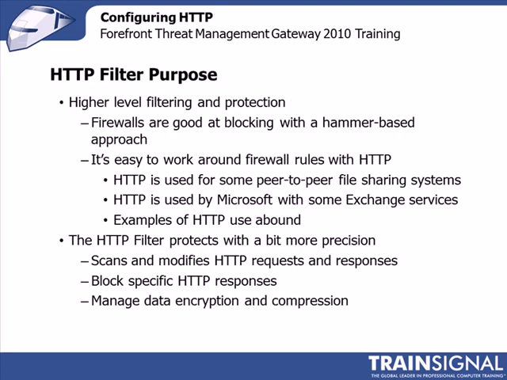So, what's the purpose of what's called the HTTP filter in Threat Management Gateway? Well, think about this. Firewalls are really good at blocking, but with a hammer-based approach. So, let's say that you try to block particular kinds of traffic. You can tell almost any firewall to block based on a particular port or IP address combination, and it'll hammer all the other traffic that doesn't meet those specifications.